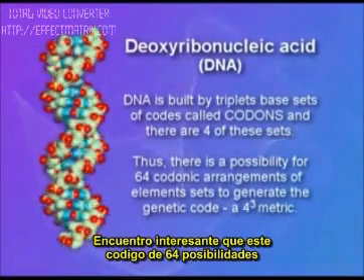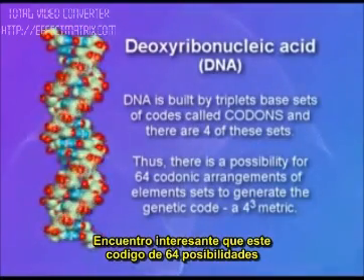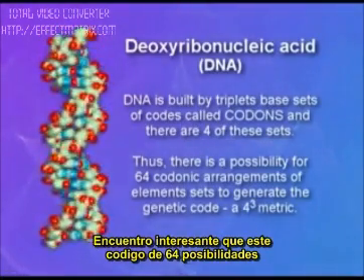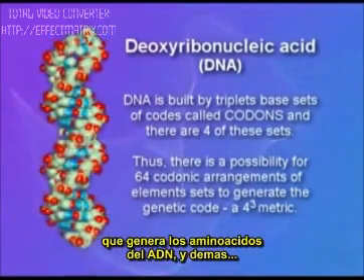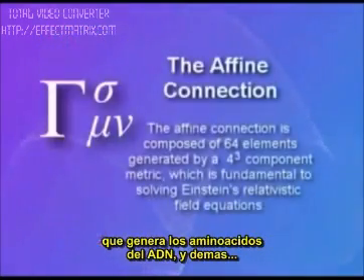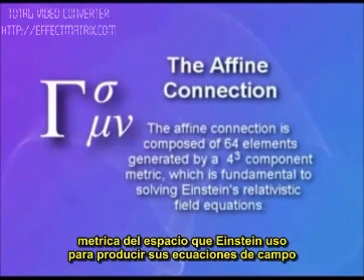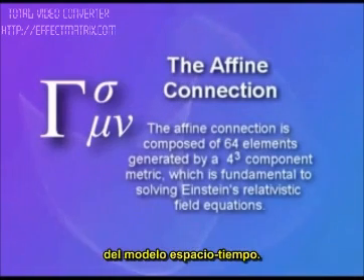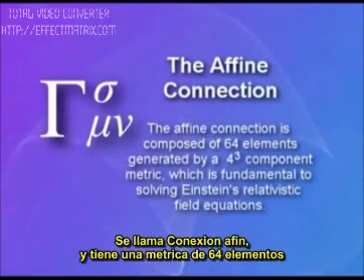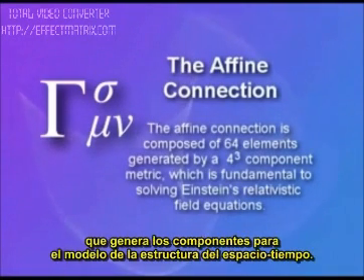I find it interesting that these 64 possibility codes that generate the amino acids of DNA and so on match what we call the affine connection metrical space that Einstein used to produce his field equation, the space-time manifold. It's called the affine connection, and it has a 64-element metric that generates a component for the space-time manifold structures.